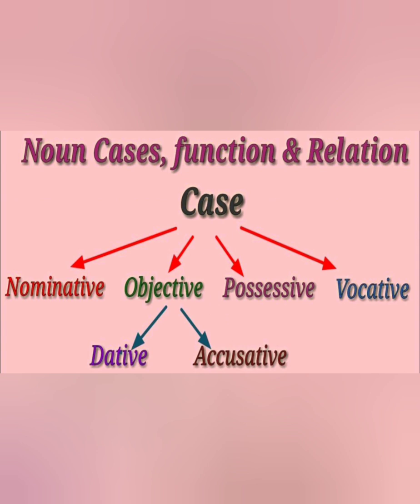Now, let's have a look at the types of noun cases. They are nominative case, objective or accusative case, possessive or genitive case, dative case, and vocative case.